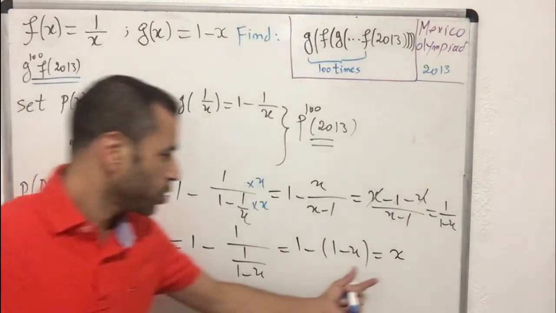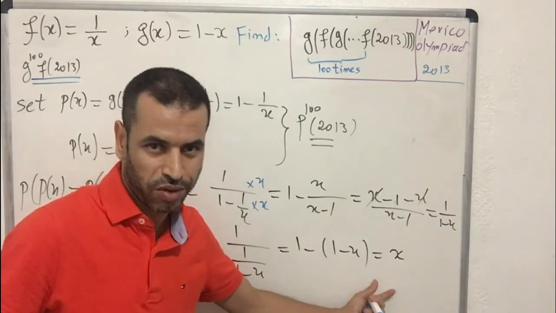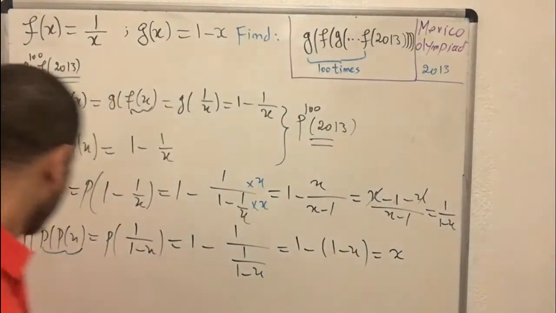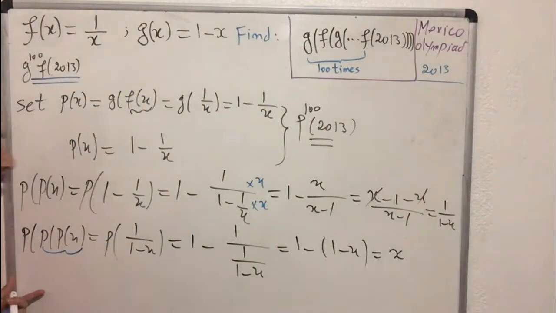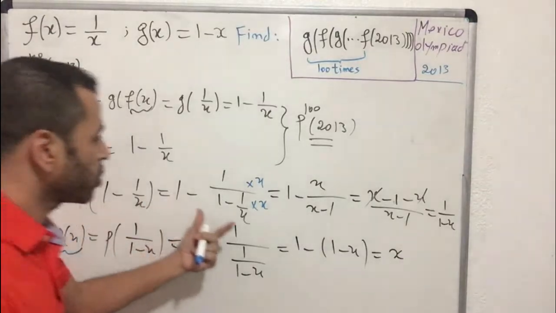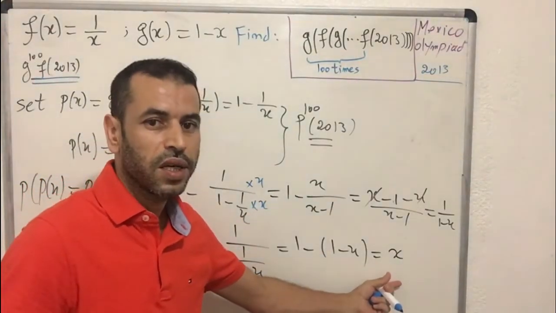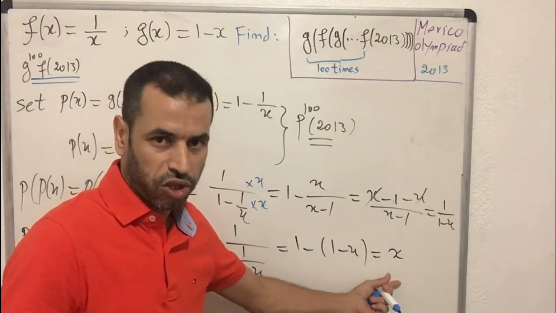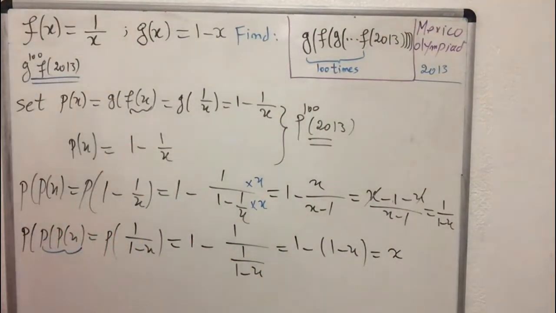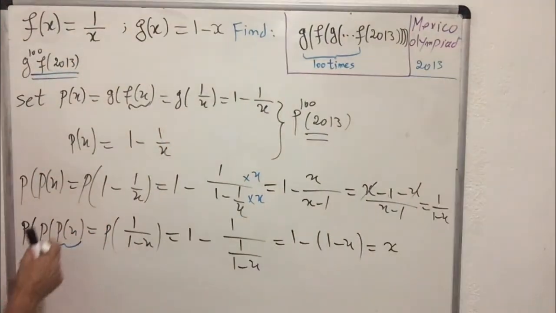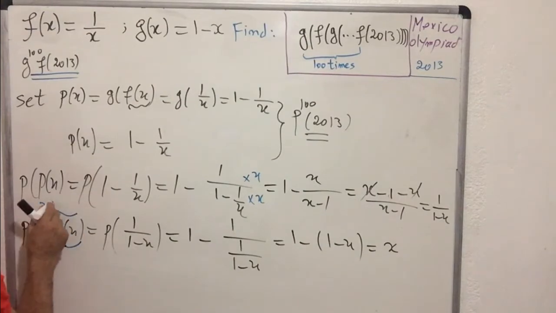Now I found an identity function. Whatever you replace in x, it will be the same. So by composing this new function with itself 3 times, I found the identity function.